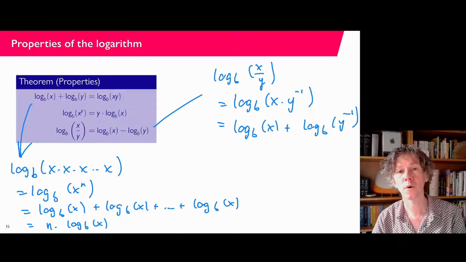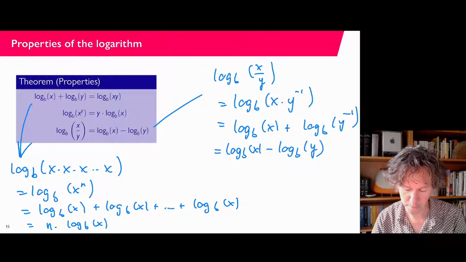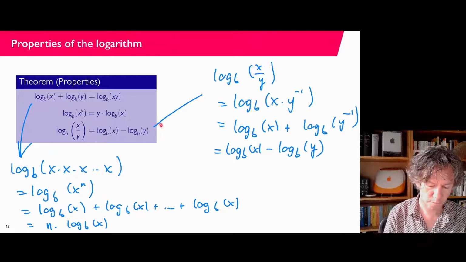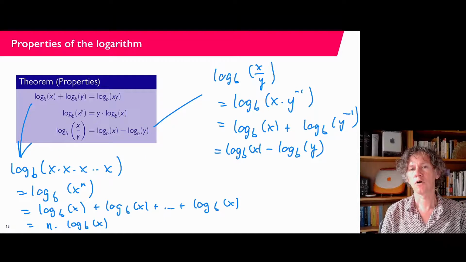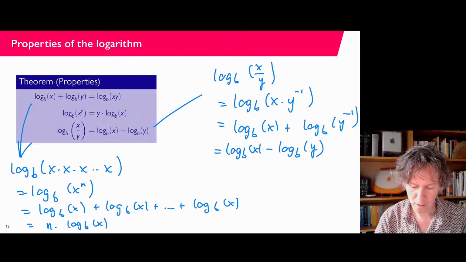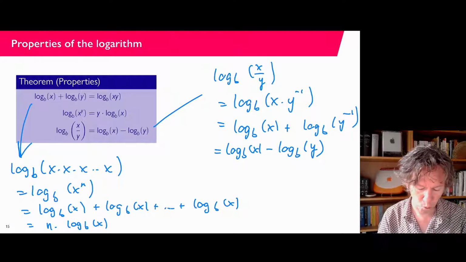And then I can write the exponent in front of the logarithm. So I find log b x minus log b y. So that's the derivation of the last rule that we have here. Of course you don't have to learn these rules by heart, but you should be able to work with them.